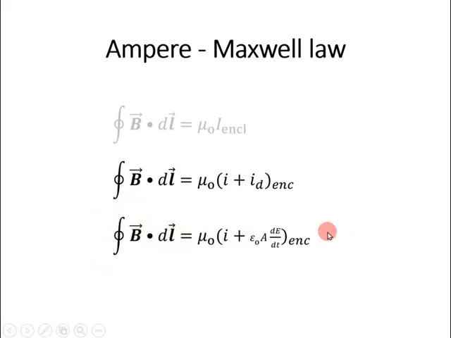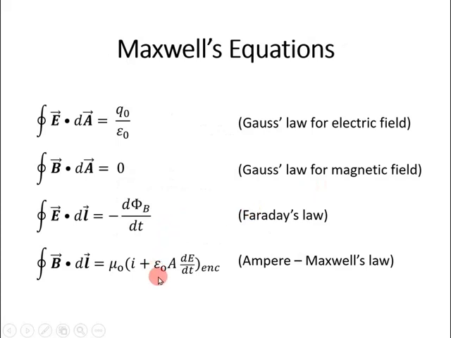All that this means is that current flowing through a wire will create a magnetic field, as well as a changing electric field will also create a magnetic field. That's all that is contained in the Ampere-Maxwell law or equation. Now, this was the last bit that was needed to bring together all the four equations that we call the Maxwell equations. Let's recap them to end our lesson.